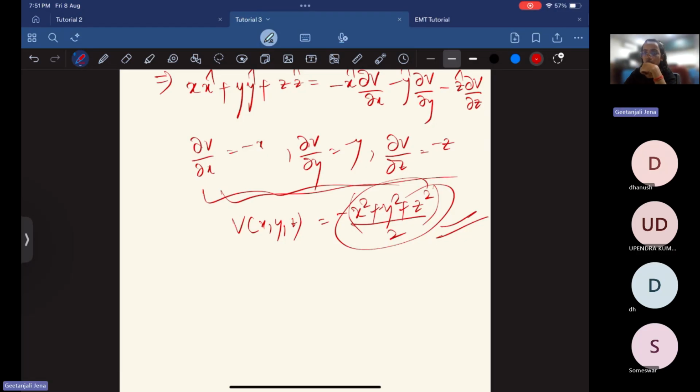So currently, I think I have to check whether the expression is correct or not. I think it was. So let me check once.